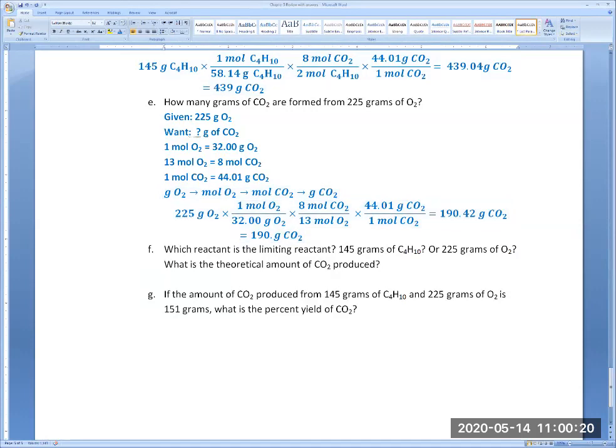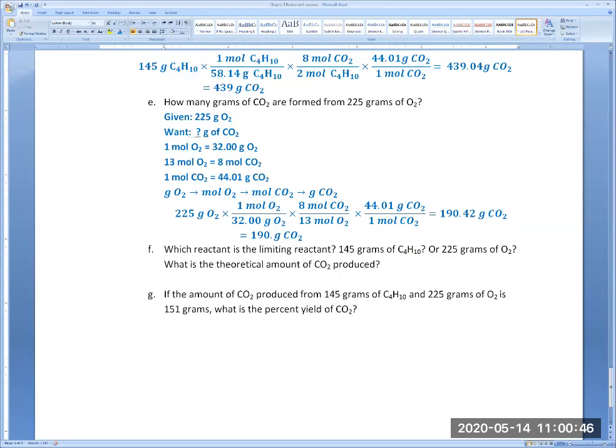Let's continue with question F. Which reactant is the limiting reactant? Is it 145 grams of C4H10 or is it 225 grams of O2? Let's say you are doing the reaction and that's what is available. You have 145 grams of C4H10 and 225 grams of oxygen.